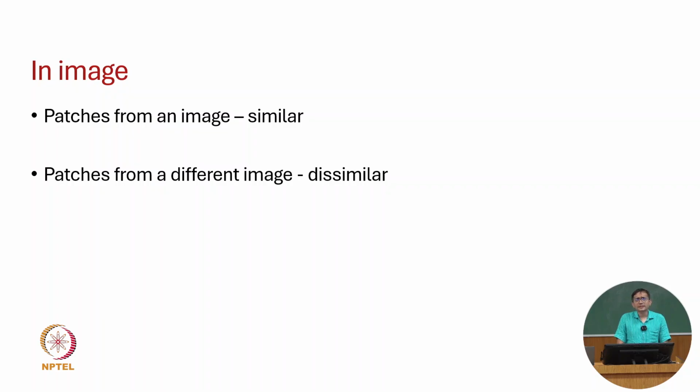Now think about this. In general, so this is a general assumption, not necessarily it holds 100% of the time, but mostly it holds, and that's what matters. That if two patches are from the same image, they're expected to be related, they're expected to be similar or like representing similar concept.